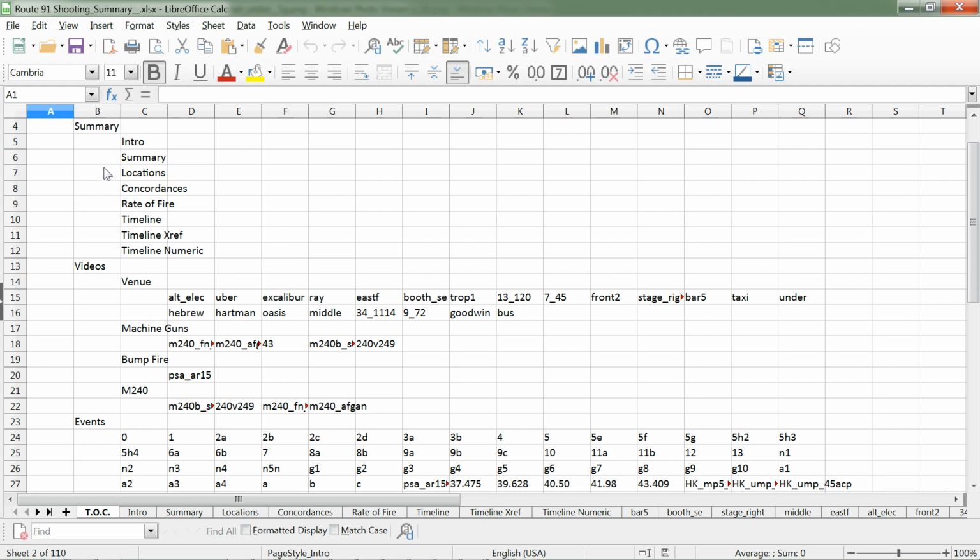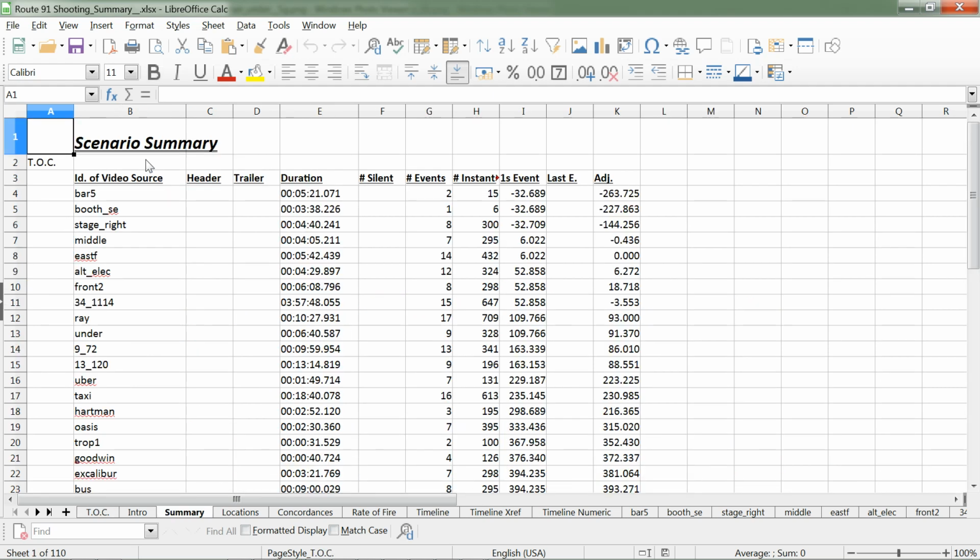Go back to the table of contents. Then we look at an overall view of what videos are in it, the duration of the video in hours, minutes, seconds, and milliseconds, the number of individual events that were pulled from that video, and within those events, the number of individual muzzle blasts or points of interest that were pulled.